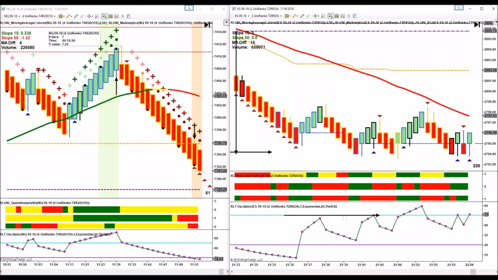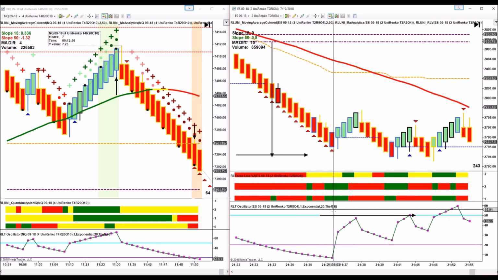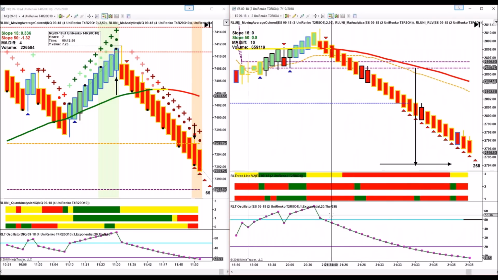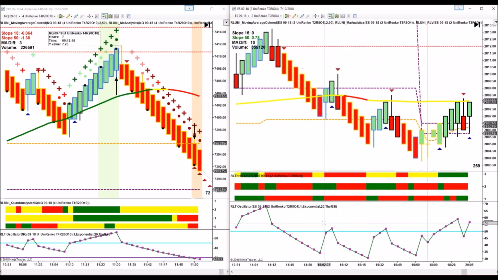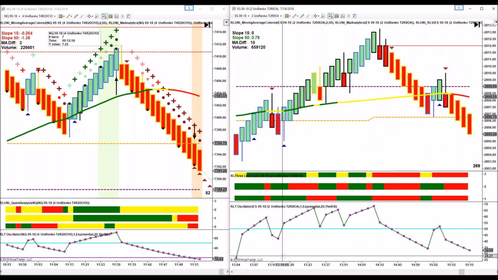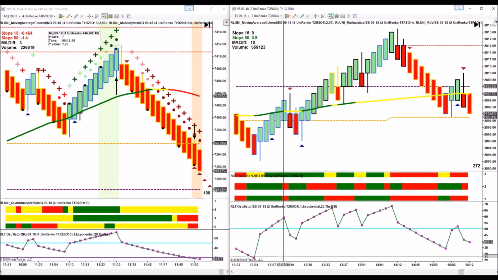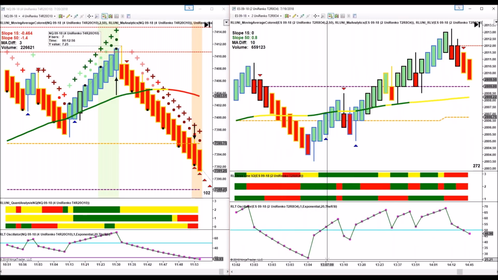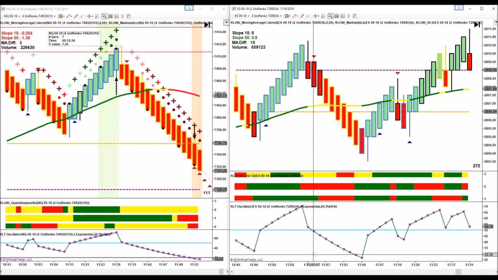Now, this oscillator gives us nice signals, and they usually occur at the high of a move and at the low of a move. And it didn't have to be the case. And they don't always occur at the high or the low, but they oftentimes do. And the reason that happens is because we made this an exponential assessment.